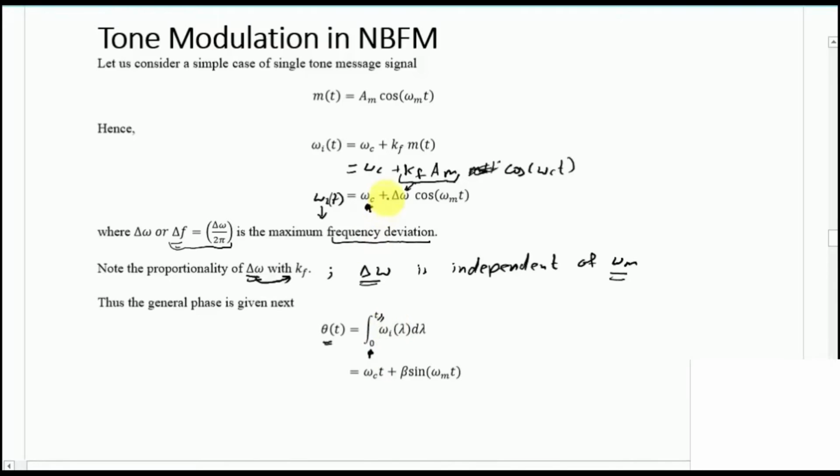If you plug this into the integral, we would have omega_c t plus beta sine omega_m t. So where is this coming from?